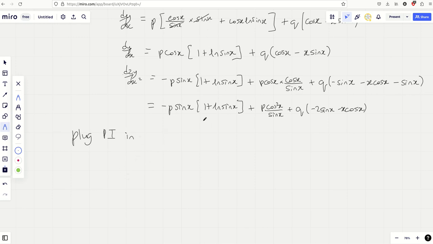And what are we going to have? We're going to have all of this, so I'm going to write it down: minus p sin x, 1 plus ln sin x, plus p cos squared x over sin x, plus q times by that. Was it d2y by dx squared plus y?